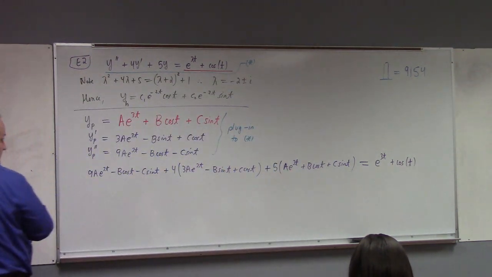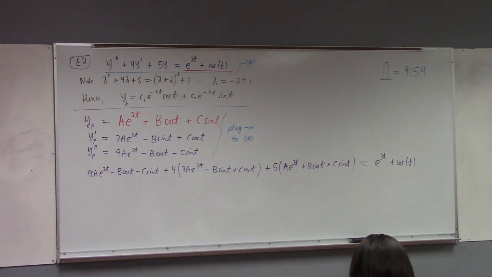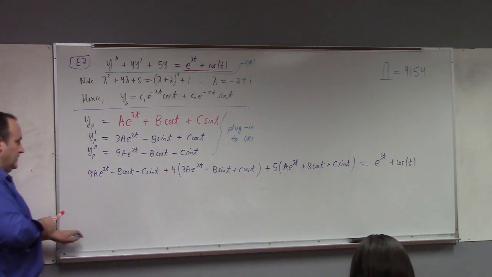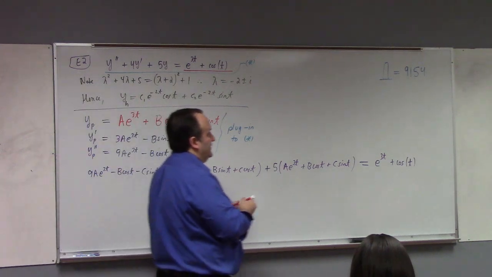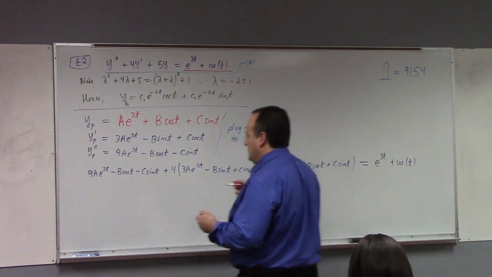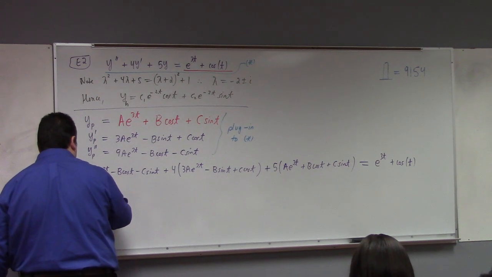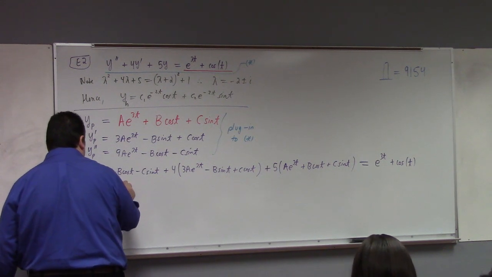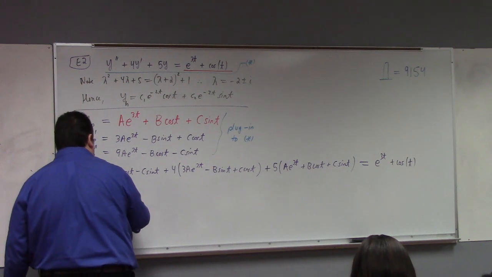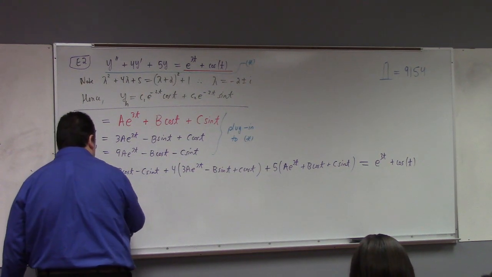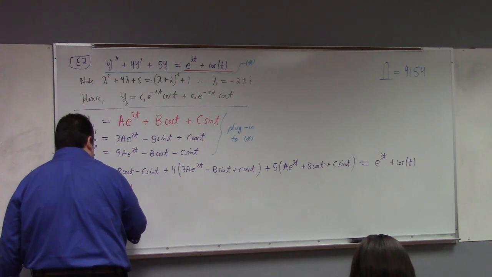Then what I do is I determine the coefficients by equating coefficients once more. So I'm going to do the equating coefficients down here. Equate coefficients. So I've got my e to the 3t terms, cosine t terms, and sine t terms.